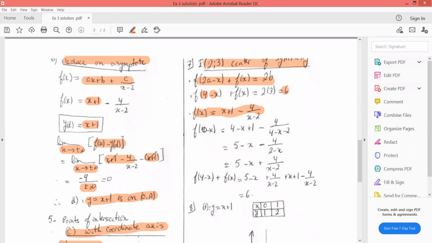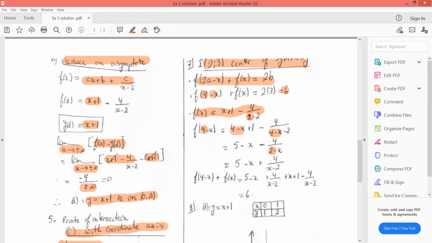f of (4 minus x) is determined by replacing x by (4 minus x). So (4 minus x) plus 1 remains plus 1, minus 4 over (4 minus x) minus 2, where I put 4 minus x in place of x, and minus 2 remains minus 2. Any questions about this line? No. 4 plus 1 is 5, minus x, minus 4 over 4 minus 2, which is 2 minus x.